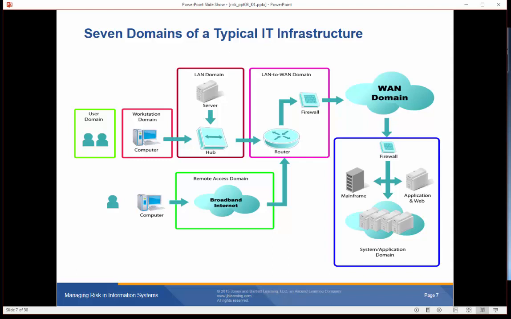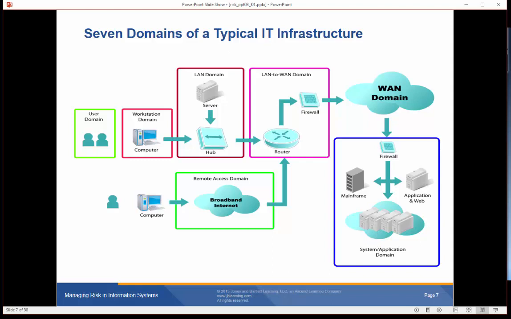Any host on the internet with a public IP address is at a significant risk of attack. So a significant amount of security is required to keep hosts in the WAN domain safe. As you can see up here in the WAN domain, many of you will recognize those devices.